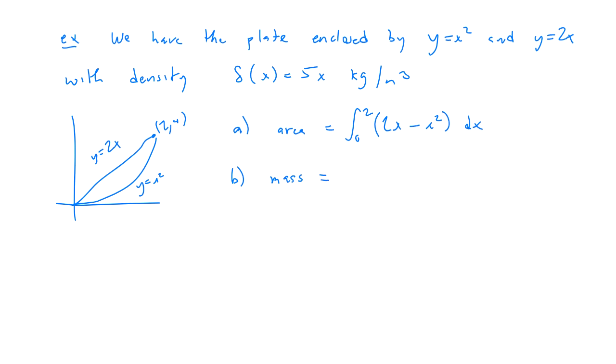So from the previous one, what will be called mass, because that 2x minus x squared will become a volume. So what am I going to put in the integral for the mass? I'm going to multiply the volume, the 2x minus x squared, by 1. And again, 0 to 2.